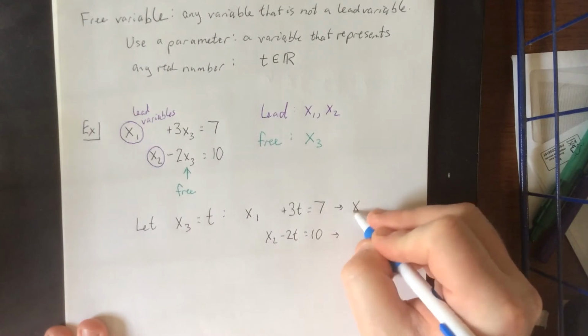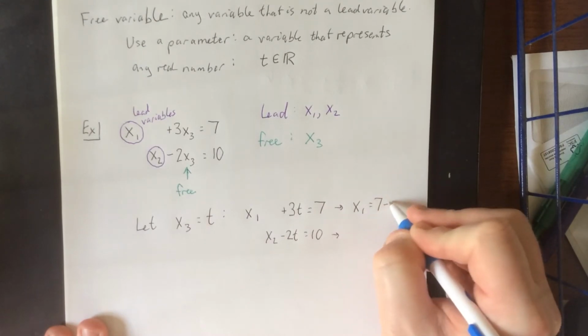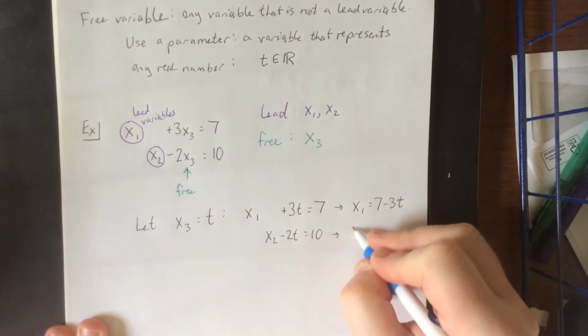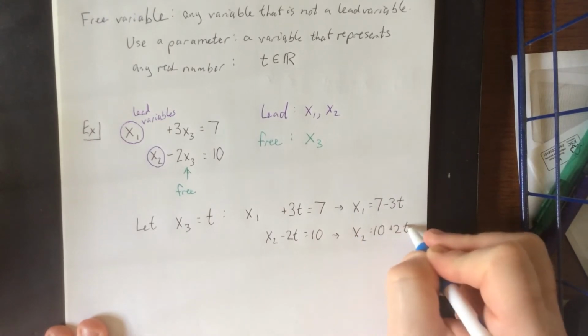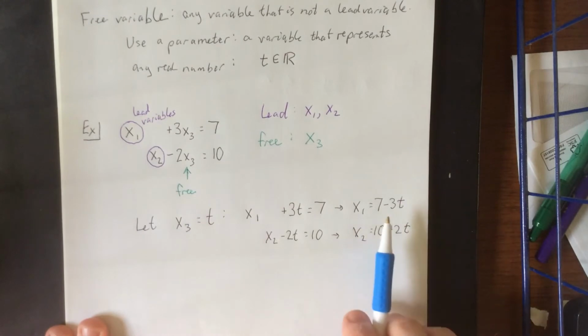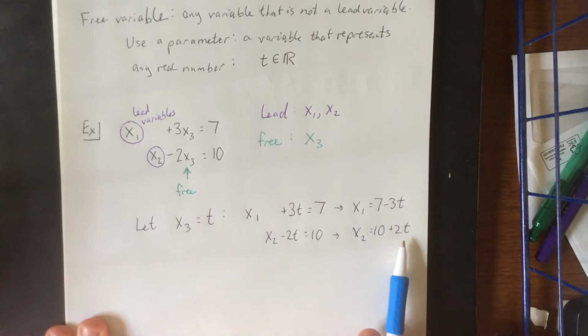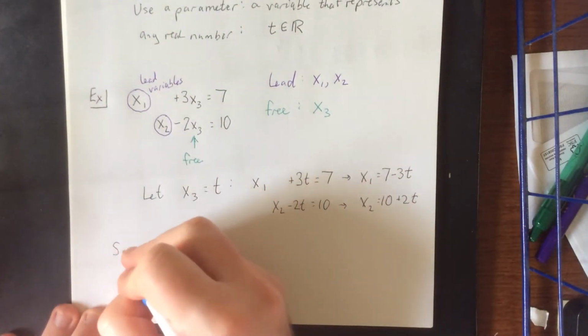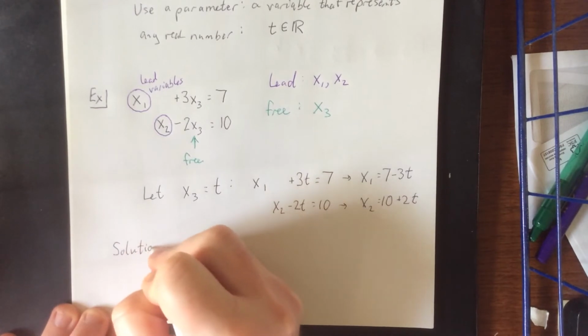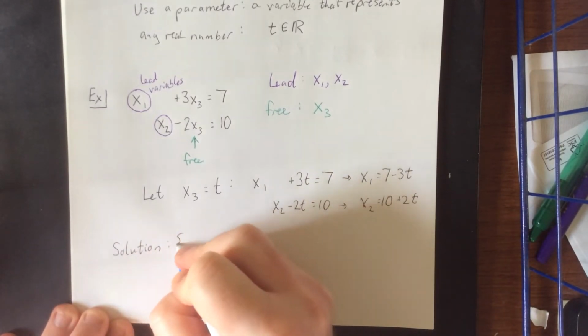So for the first equation, we'll get x1 is equal to 7 minus 3t. And in the second equation, we'll get x2 is equal to 10 plus 2t. It doesn't matter if we were to write this as negative 3t plus 7 or 2t plus 10; that would be equivalent results. So for the solution of our system, we have a couple different representations that we could use.